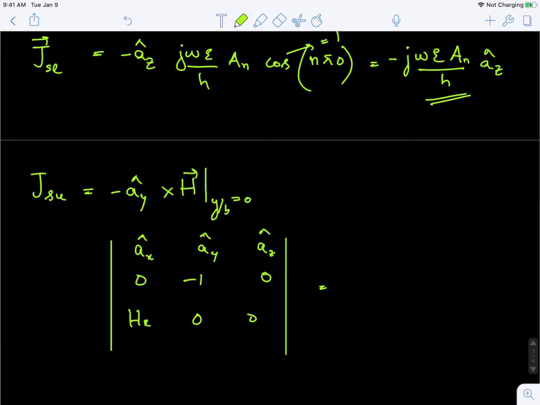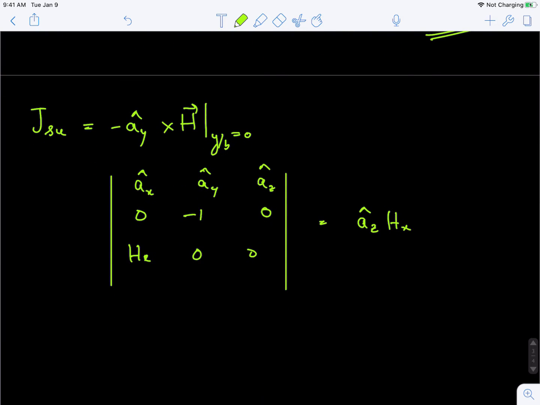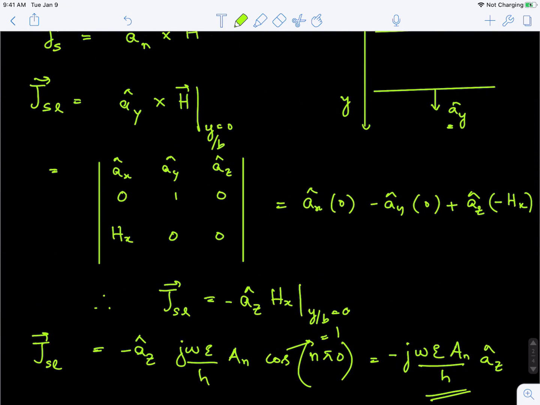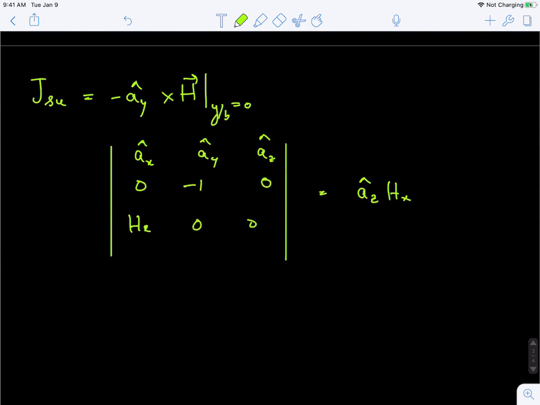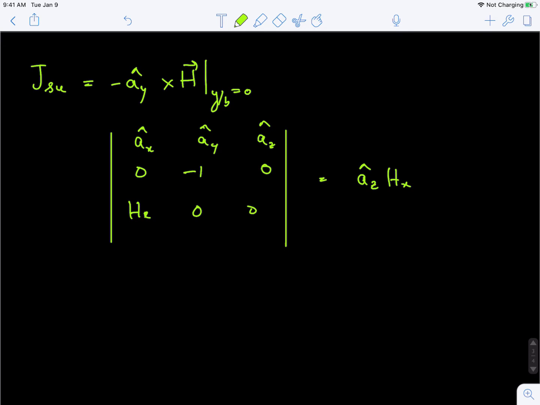So we're going to be left with a_z Hx as a consequence, because there is an additional negative sign here. Just remember that we are using this sign convention. You could use any sign convention you want. You can assume the upper plate has positive a_y and the lower plate has negative a_y. All that is important is you follow the same consistent method all along.